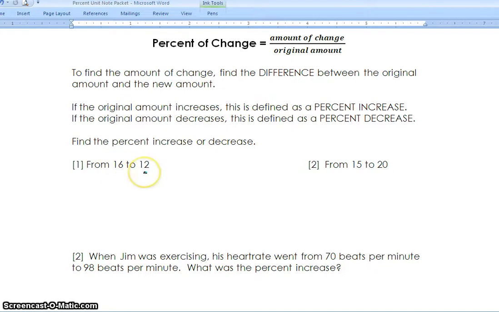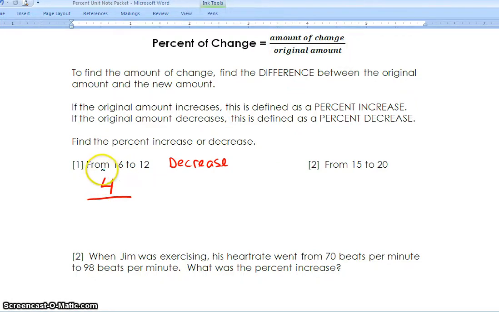From 16 to 12, first thing you have to think is, is that an increase or decrease? Good. It's a decrease. Alright, so then let's make our fraction. Go back up to the formula. Amount of change. How much did it change from 16 to 12? What's the difference? And then the denominator is the original amount.